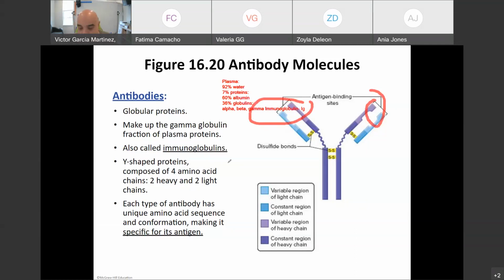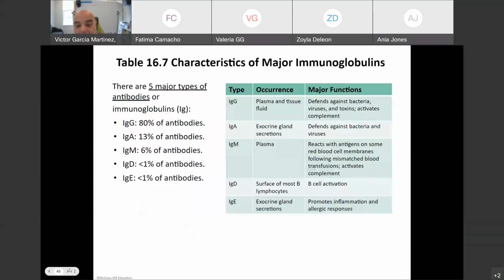Then guys, you need to know these 5 types. We have IgG, which is the most common one. We have IgM, we have IgA, IgD, and IgE.